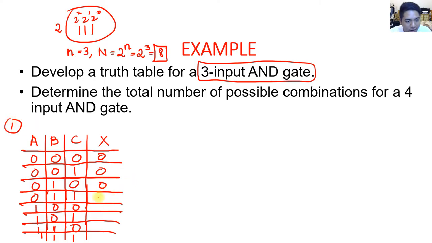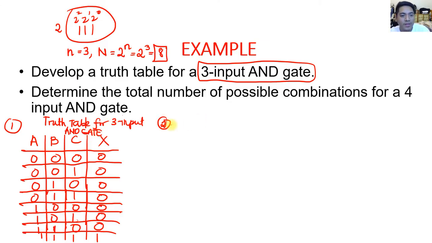You still have 0 here, 0 here because we have one input that is 0. And here, 0, we have an input of 0. The only time that it will be high is if all of the inputs are high. So, this is now the truth table for a 3-input AND gate. Okay, so that is our answer.